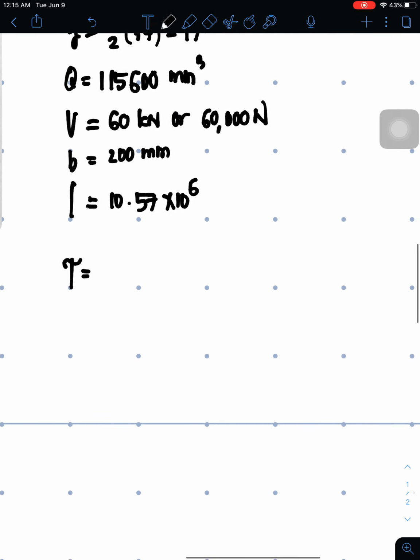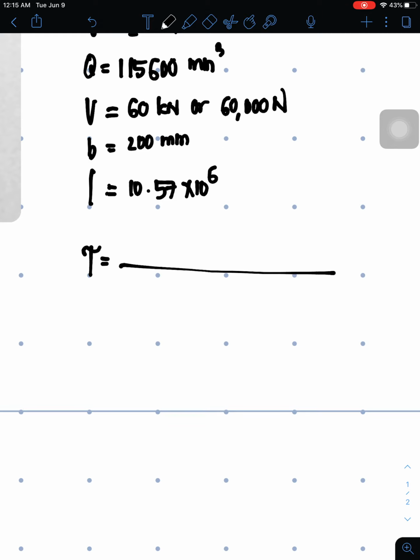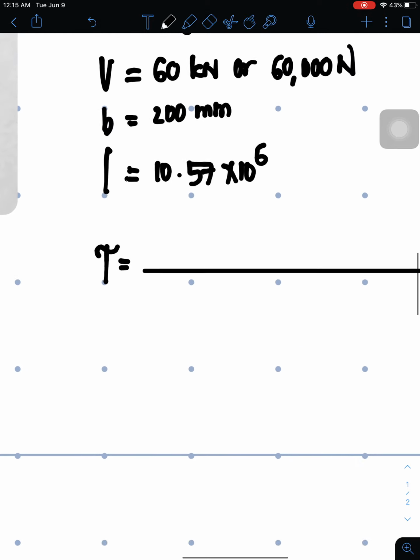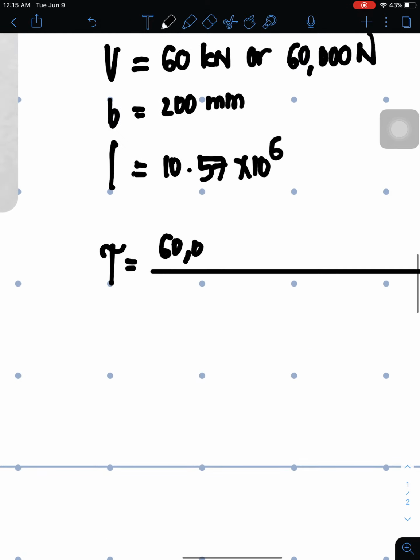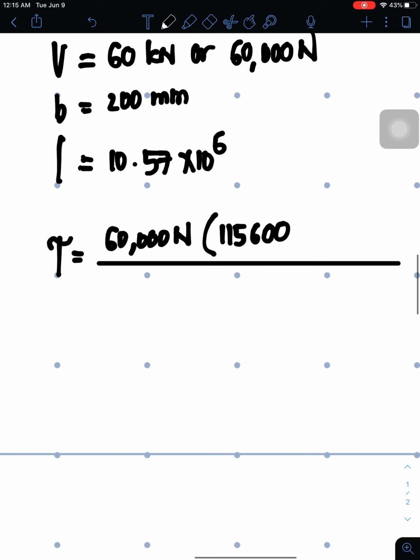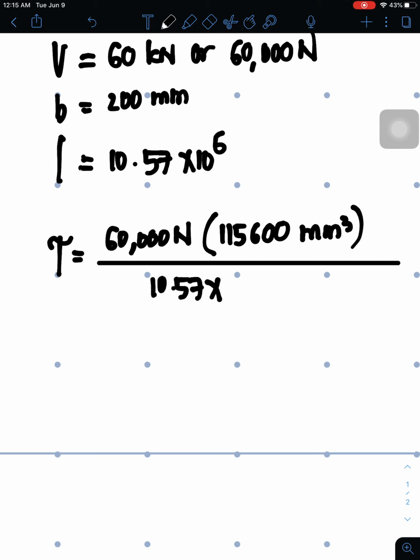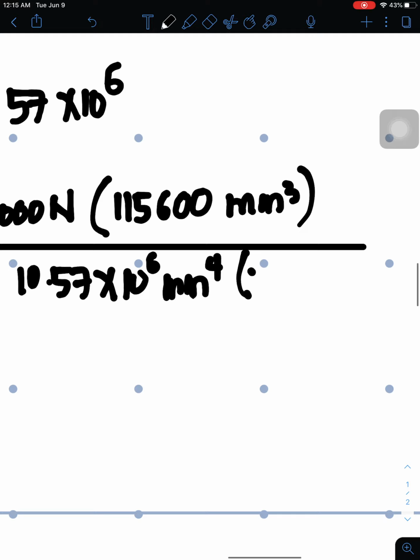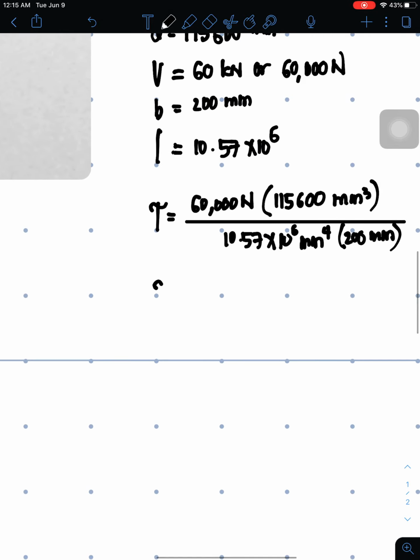Okay, so our stress is equal to 60,000 newtons times the Q of 115,600 mm cubed over 10.57 times 10 to the 6th mm to the 4th times the base of 200 mm.